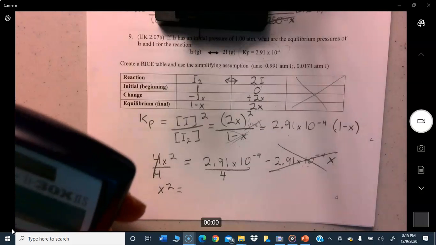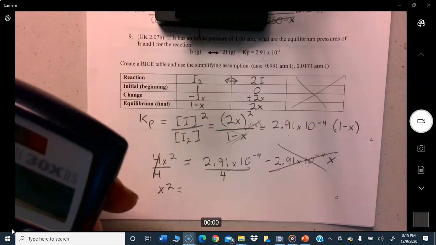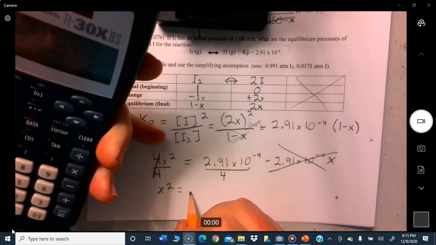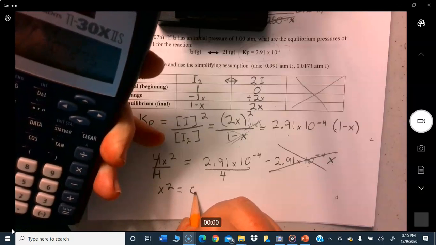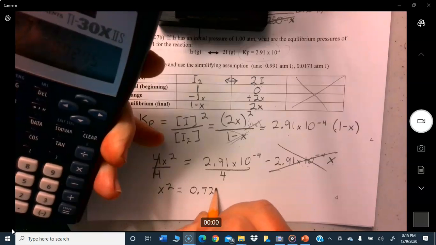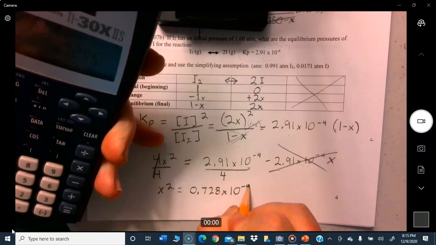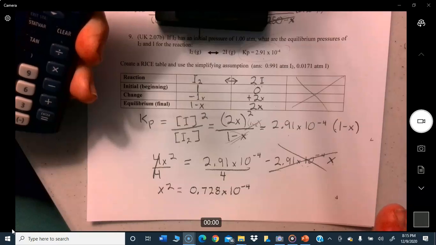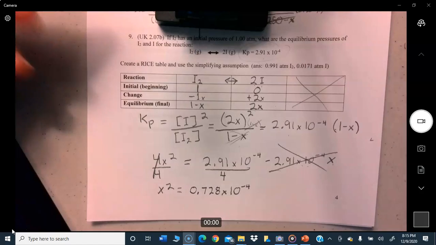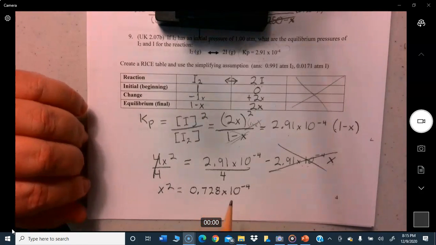And that gives us 0.728 times 10 to the minus 4. Remember, this whole adjust the decimal in scientific notation only has to do with the final answer. You don't have to do that in the middle of the problem. You just go ahead and work the problem with the number you have and deal with adjusting decimals, moving it over and all that stuff at the end.